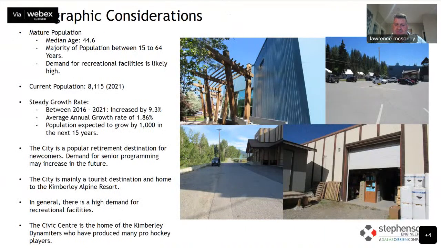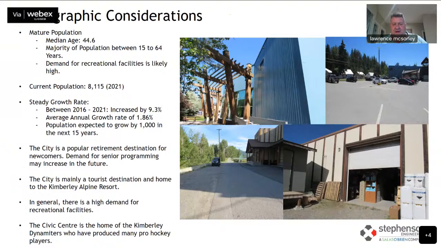So, considerations that play into this a little bit are your town and the demographics of it. We were looking at quite a bit of recreation facilities in this cycle. You've got a fairly young population, 44.6. You're a recreationally based community, so there's skiing and a lot of outdoor interest.